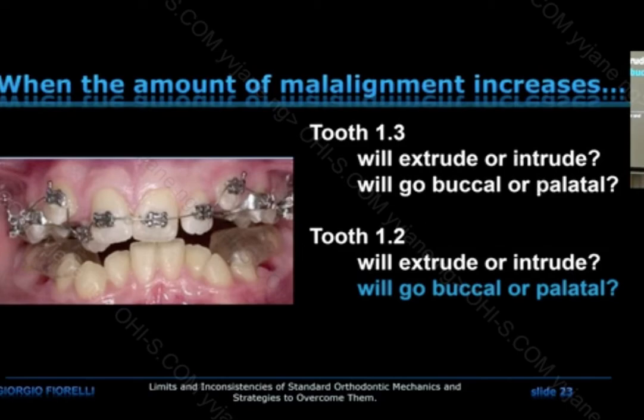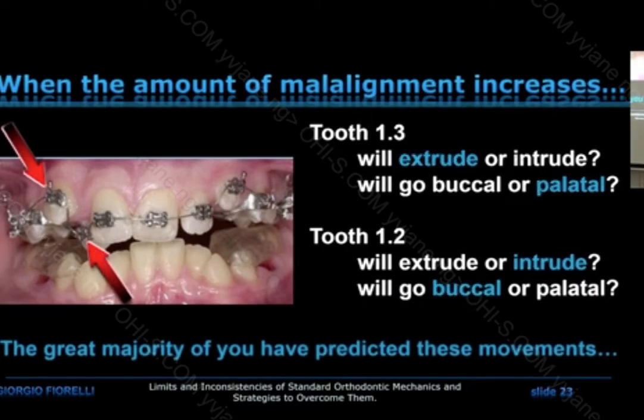I mean, if you are an average orthodontist, and I would say even if you are a very good orthodontist, I'm sure about that, the great majority of you are just thinking that these teeth are moving in this direction. Am I right?